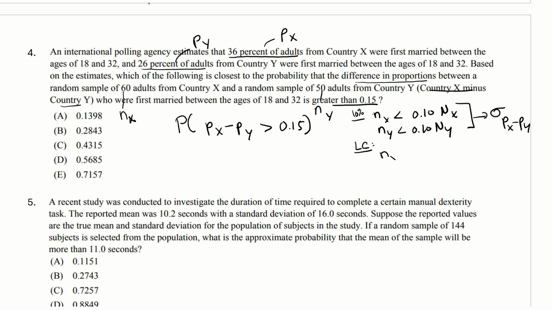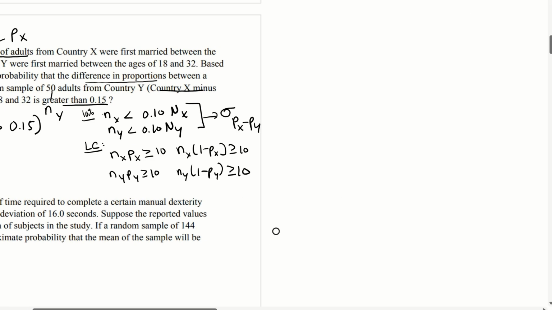That's going to be NX PX greater than or equal to 10, and NX times 1 minus PX greater than or equal to 10, and then NY PY greater than or equal to 10, and NY times 1 minus PY greater than or equal to 10. So if you did, for example, 36% was PX, so 36% of 60, let's just verify this, because this is good to do in the free response anyways.